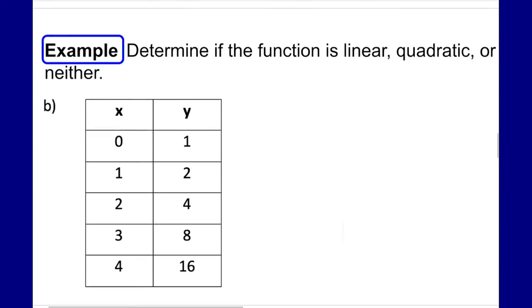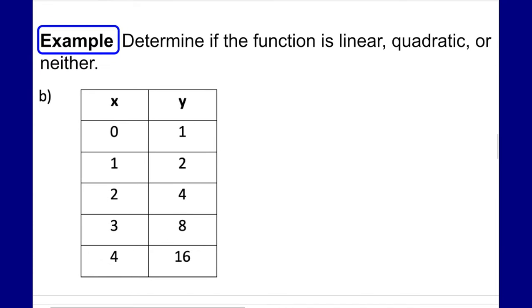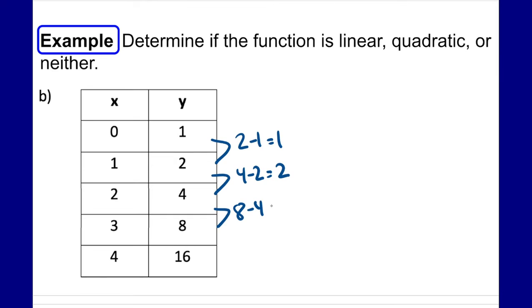Let's look at the next one. Doing the same thing, bottom minus the top. 2 minus 1 is 1. 4 minus 2 is 2. 8 minus 4 is 4. 16 minus 8 is 8. Looking at our first differences, they're not the same, so it's not linear. I can do one more check by looking at the second differences.